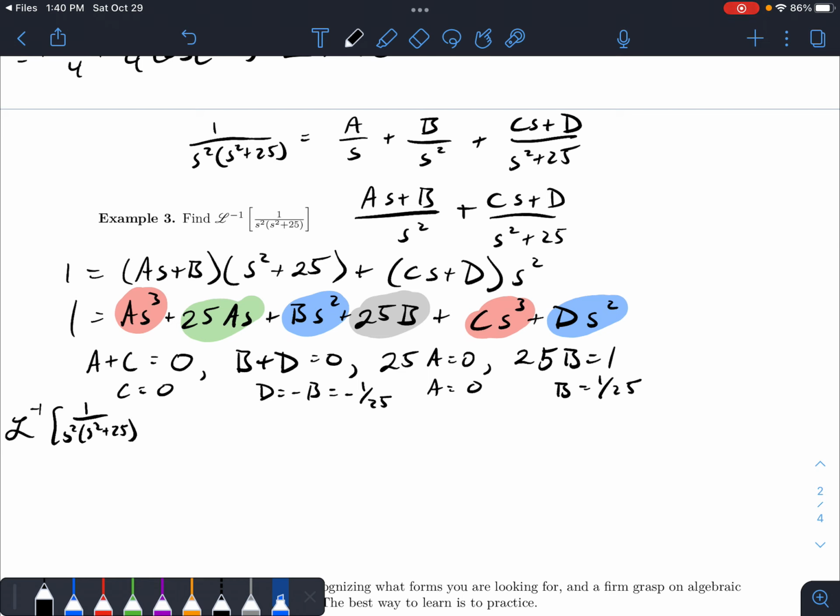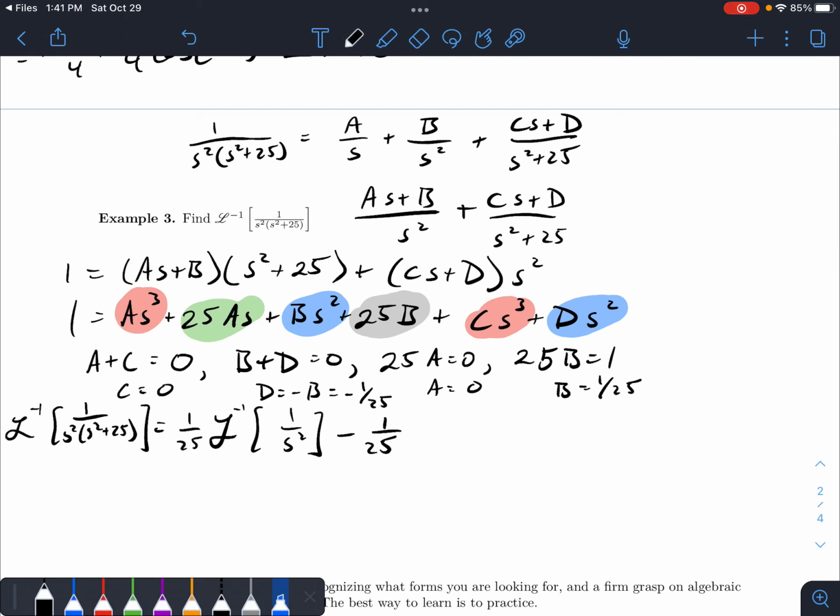So the inverse Laplace of 1 over s squared times s squared plus 25 is equal to, let's see, all right, so a is 0, b is 1/25, so I get 1/25 times the inverse Laplace of 1 over s squared, just applying that to this term right here, plus cs plus d over s squared plus 25. C is 0, so it's really d over s squared plus 25.